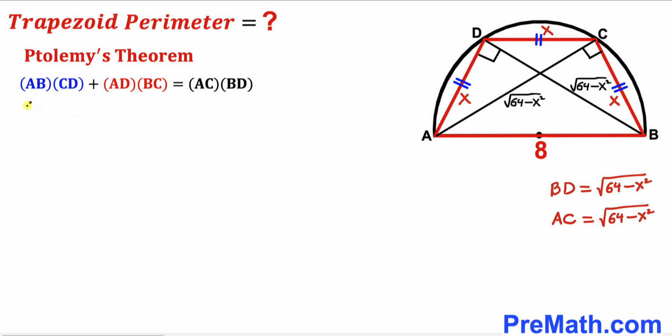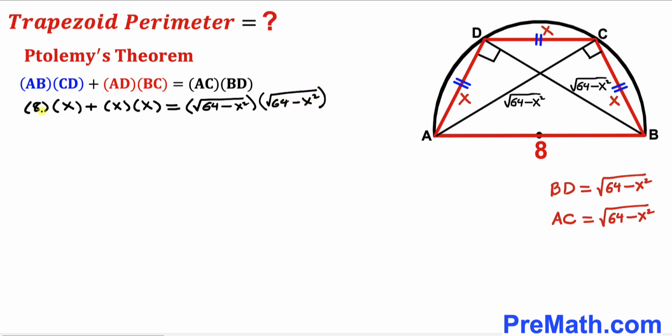Our AB length is 8, our CD length is x, plus our AD length is x, and BC length is x as well, equal to our AC length, square root of 64 minus x square, times BD length, square root of 64 minus x square as well.